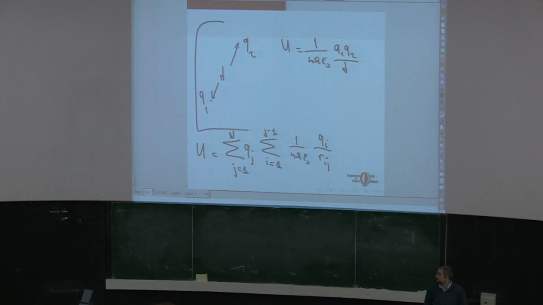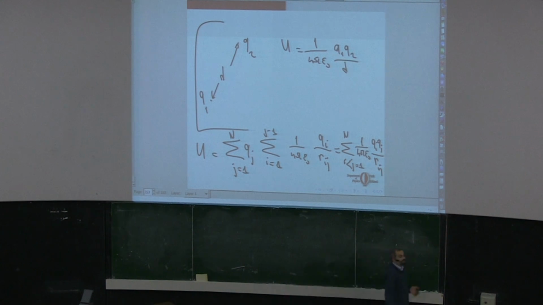This is the sum I have. Rather than writing these two sums explicitly, I usually use a shorthand notation. This is equal to the sum over all i and j such that i is always less than j, both going from 1 to n, 1 over 4 pi epsilon 0, qi, qj divided by Rij.